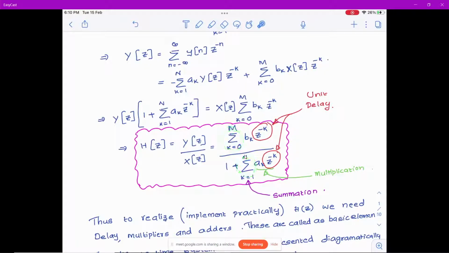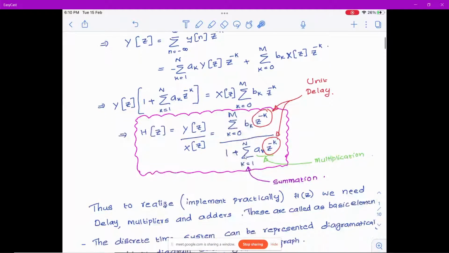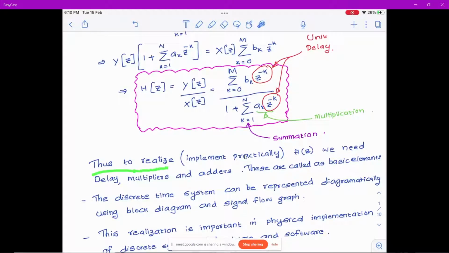So if you are going to realize, or implement, this filter in a digital system, the system needs unit delay elements, multiplication elements, and adder elements. Thus, to realize h of z, we need delays, multipliers, and adders. These 3 blocks are called the basic elements of a digital system or a digital filter.